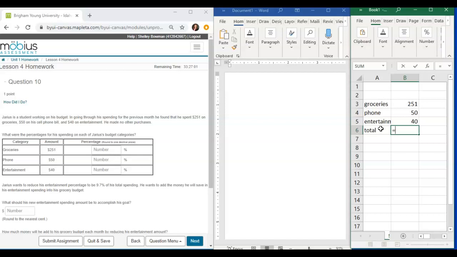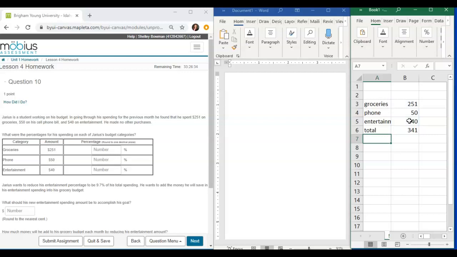I'm going to press equals, type in the word sum and open parenthesis, left click and drag it down so it'll add all of those up. I could also left click once and press add, and repeat. Both options will work fine.